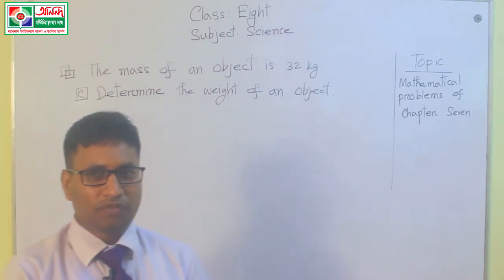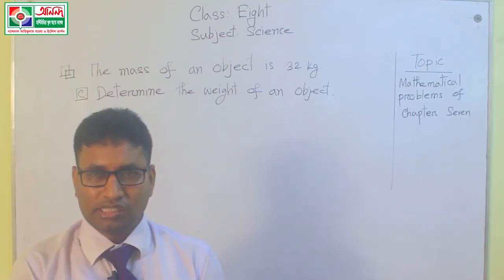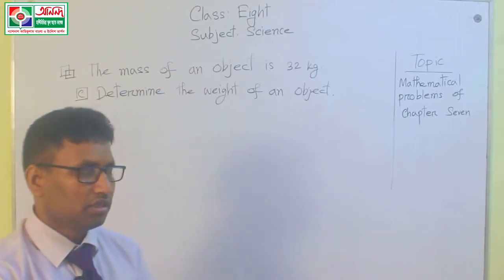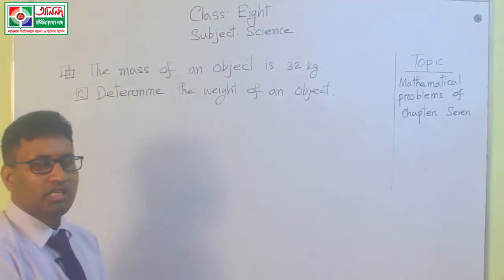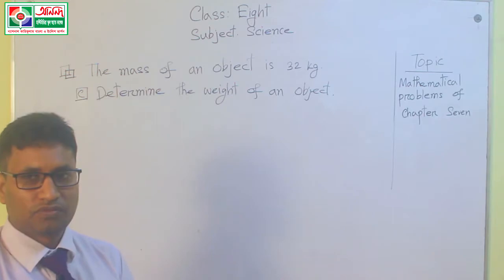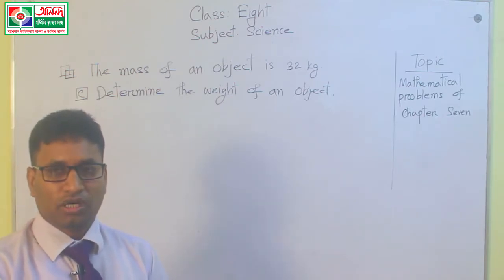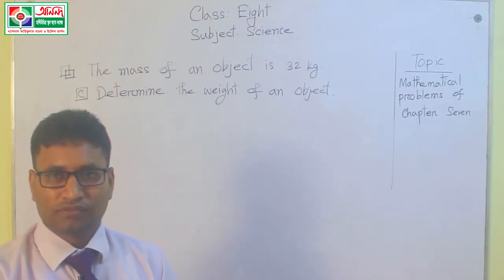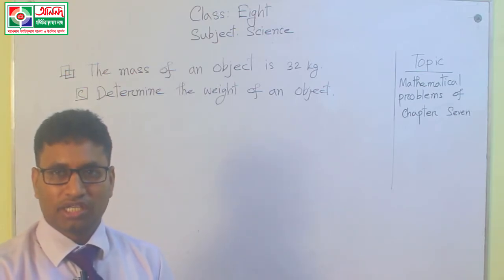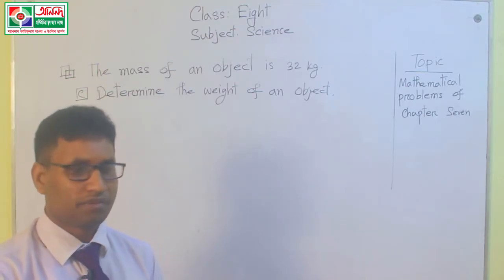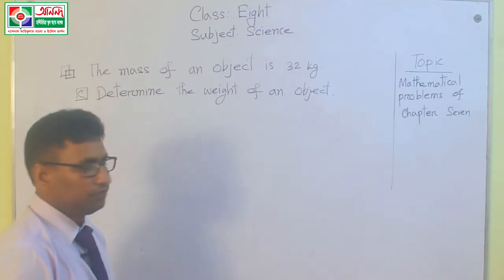In this mathematical problem no region is indicated, so we let this object stay on Earth's surface. So we must use small g as 9.8 meter per second square. Okay, let's go.